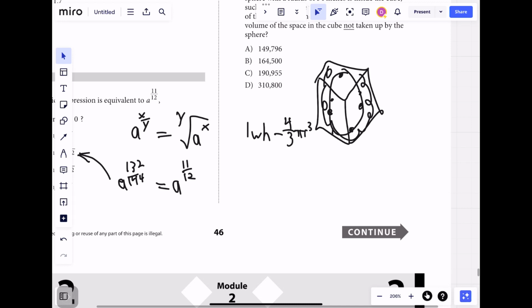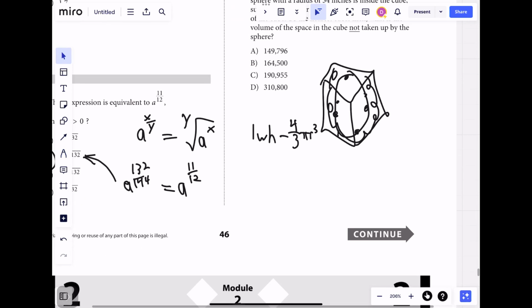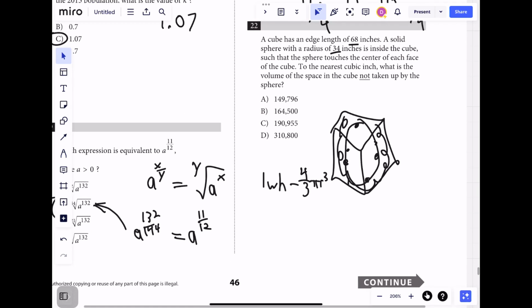The edge length is 68 and the radius is 34, so we can plug these in. It's going to be 68 cubed minus 4 over 3 pi times 34 cubed.